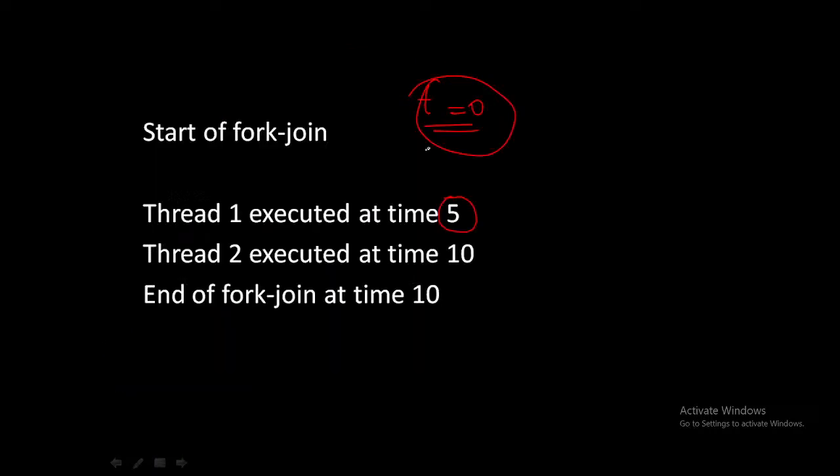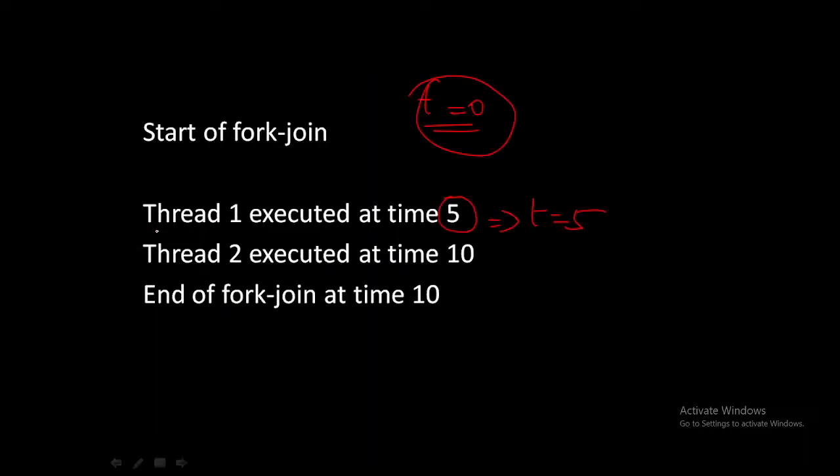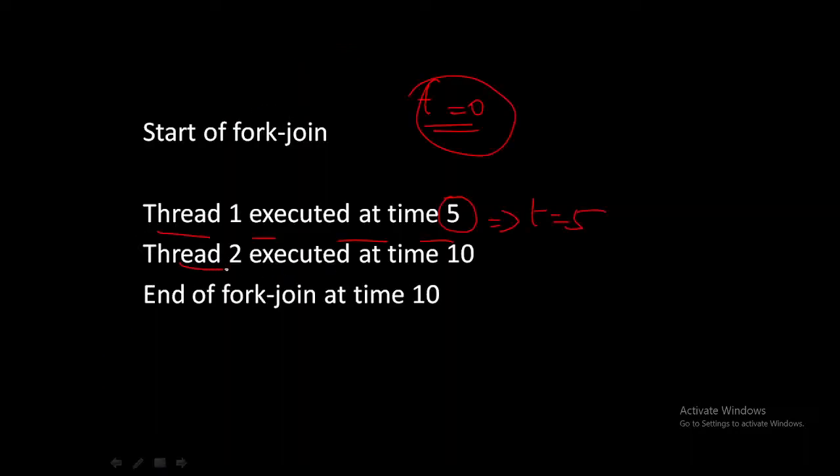At time t equal to 0, nothing will be executed, and at time t equal to 5, thread 1 will be executed. So this first display statement will be executed, and we get: thread 1 executed at time t equal to 5. Next, at time t equal to 10, thread 2 executed at time t equal to 10.